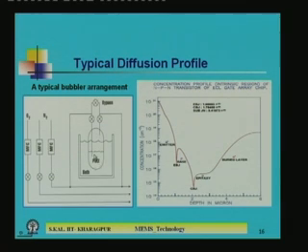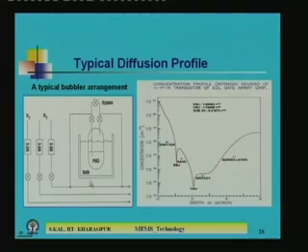Raw phosphorus oxychloride is not passed through the tube directly. Normally, a carrier gas, nitrogen, is bubbled through the POCl3. So POCl3 vapor along with the nitrogen flows into the chamber where the silicon substrates are kept, and the POCl3 reacts on the silicon. Ultimately, phosphorus atoms come out and go into the silicon. So this kind of bubbler arrangement is used for incorporating dopant vapor into the diffusion tube.